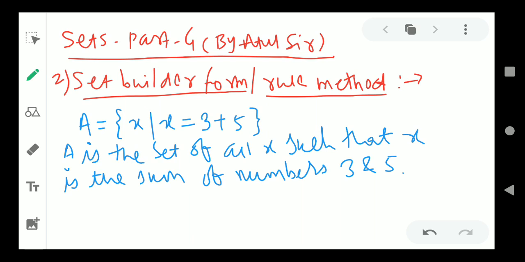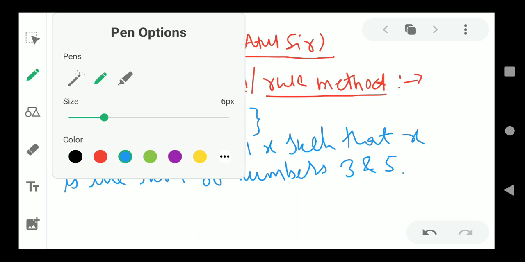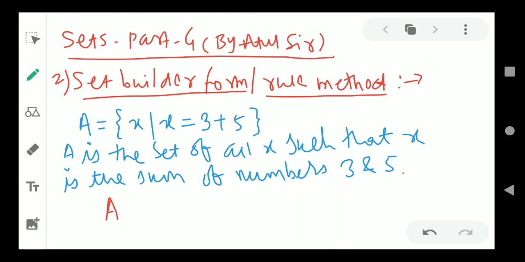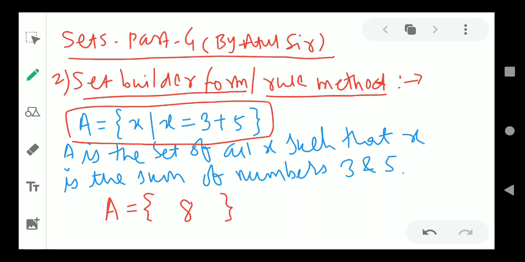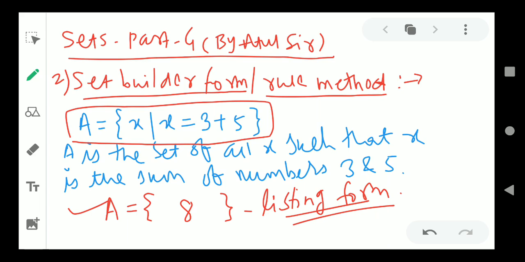How can we write this set in listing method? We can write it as a set in curly brackets: 8, since 3 plus 5 gives 8. So actually this rule represents this set, which is now in listing form. This is called our set builder form or rule method.